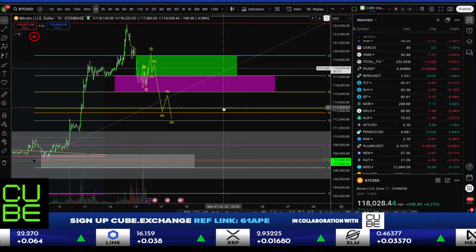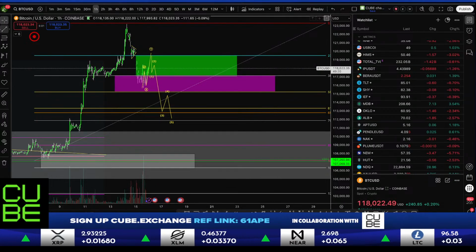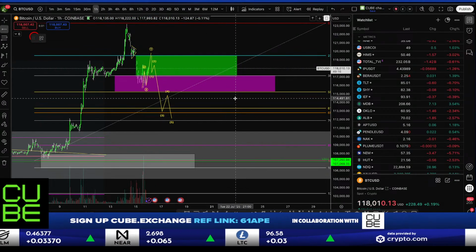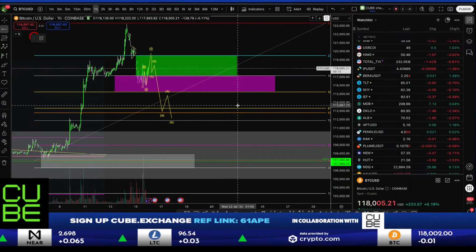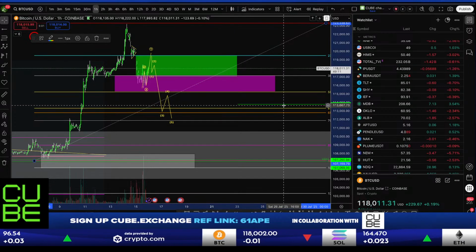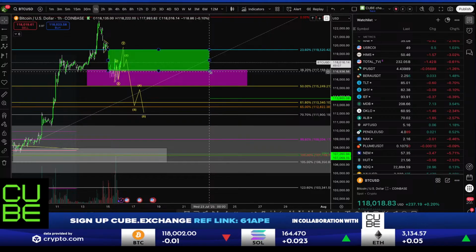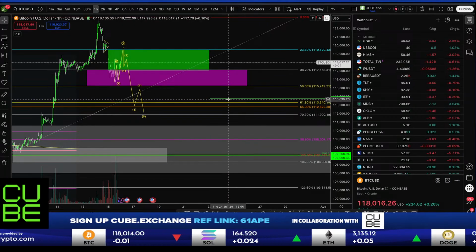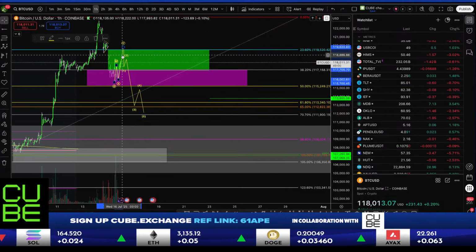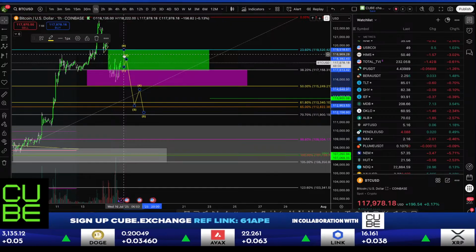I think it's 114, I have something at around 113.8. I need to mark that off. If we get down there, this is where I'm gonna be looking, because I think a lot of people are gonna be looking for lower. But does anybody know why I think this one? If you saw the charts earlier, I tried to do the guessing game with you guys to get you stimulated a bit.